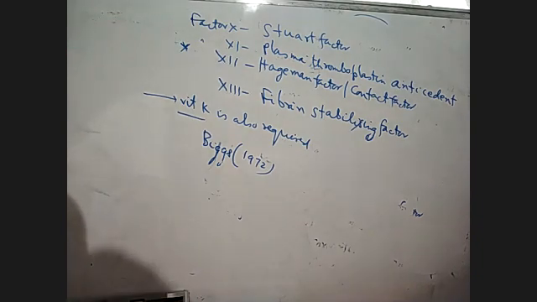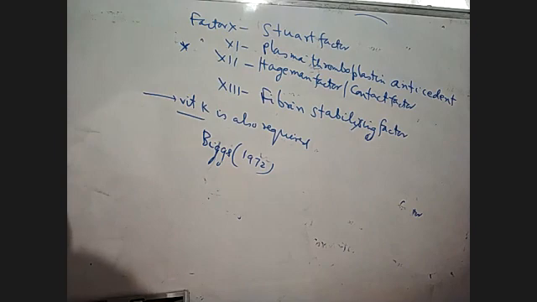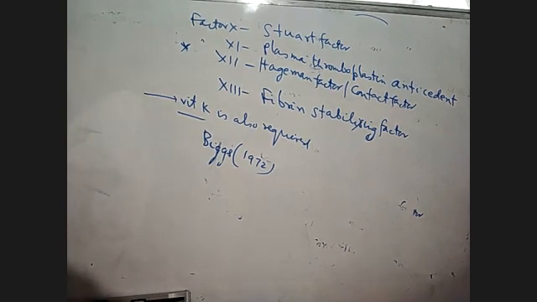The main thing is that inactive prothrombin is converted into active thrombin by calcium ion, and thromboplastin is supposed to be essential.